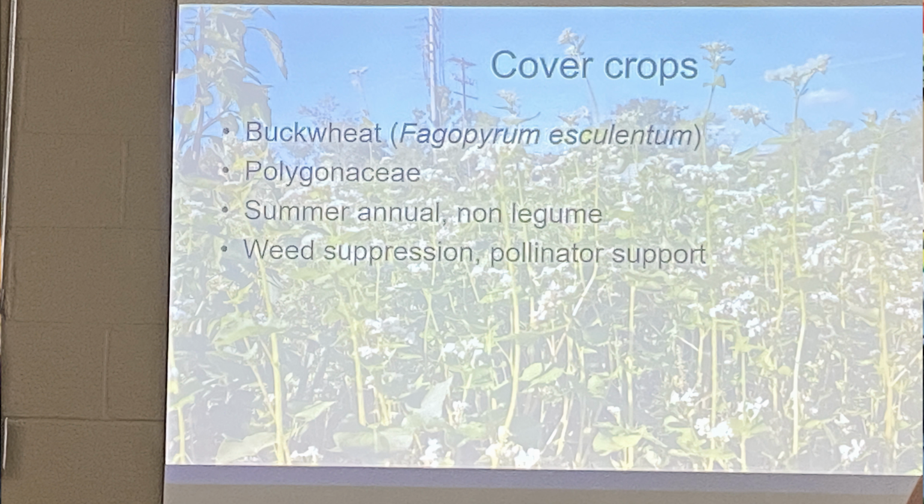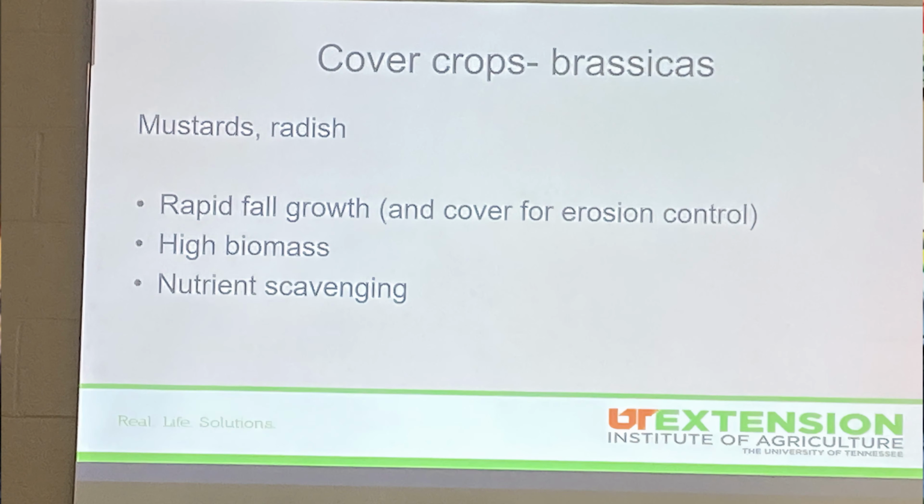Another is buckwheat. That one, a summer annual, non-legume, offers weed suppression and pollinator support. Cover crops, brassicas: mustards and radish. Rapid fall growth and cover for erosion control, high biomass, and nutrient scavenging.